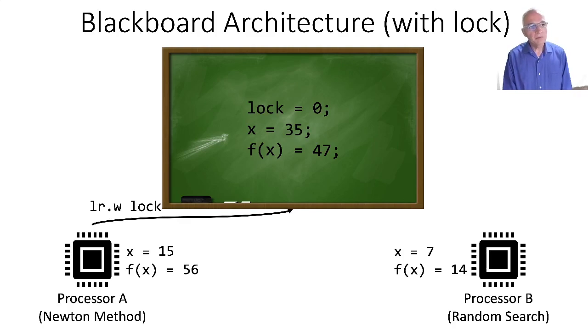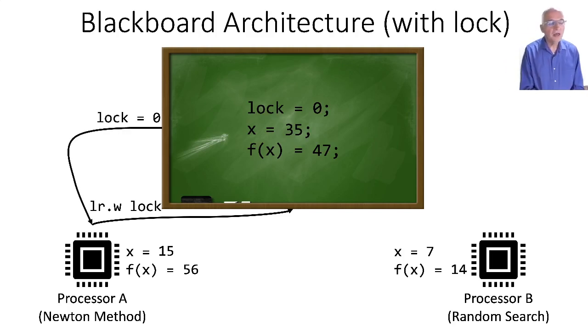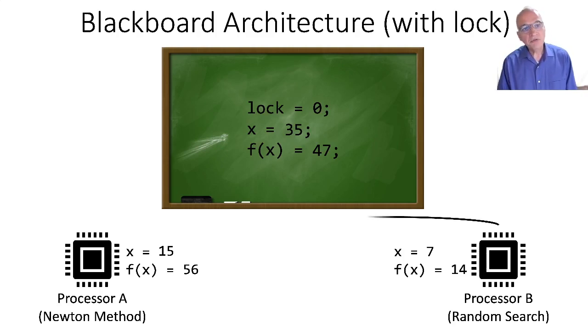At the same time, processor A may do a load reserve into the lock to try to acquire the lock, and processor A may also receive the fact that the lock is freed, nobody is accessing the board. Of course, before accessing the board, processor B will do a store conditional into that lock position of the value of 1.